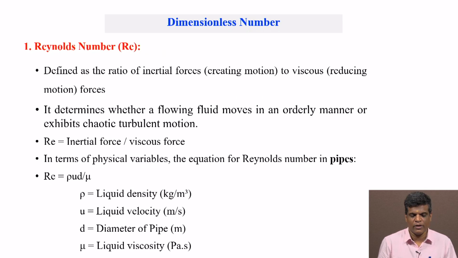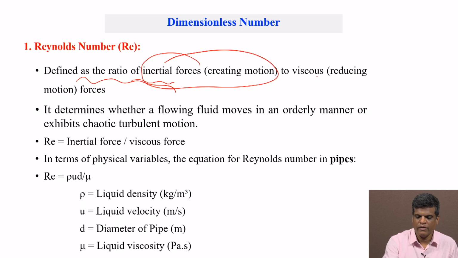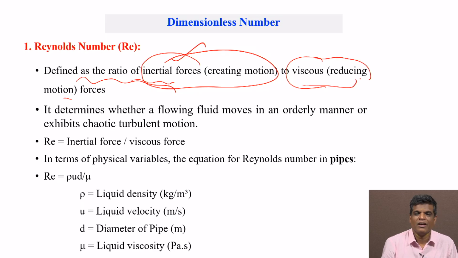So what is the Reynolds number? We will now discuss the different types of dimensionless numbers and where we use them. The Reynolds number is the ratio of inertial force, which creates motion, to viscous force, which reduces motion. Inertial force is where the velocity is high, and viscous force reduces the motion.